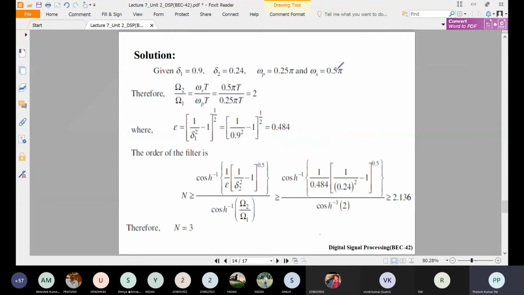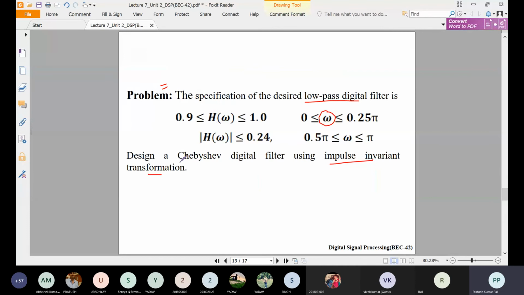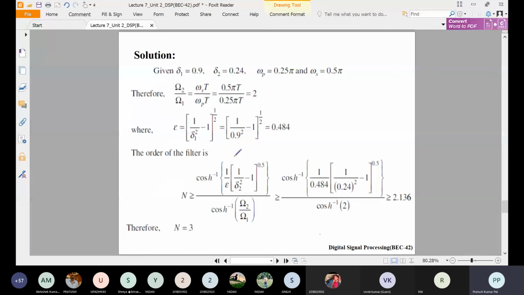Okay, so from there we will be finding out, and here it is written like we need to use the Chebyshev digital filter method. So in case of digital Chebyshev filter method, before finding out the n value, we need to have epsilon value, and along with that the pass band and stop band attenuation frequencies are there. The ratio is also required, so we will be finding out that ratio and epsilon value.